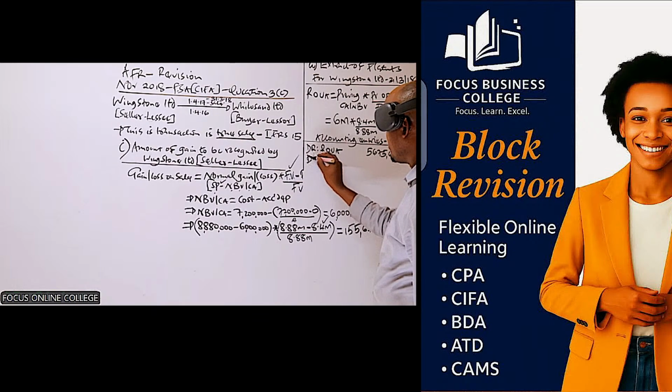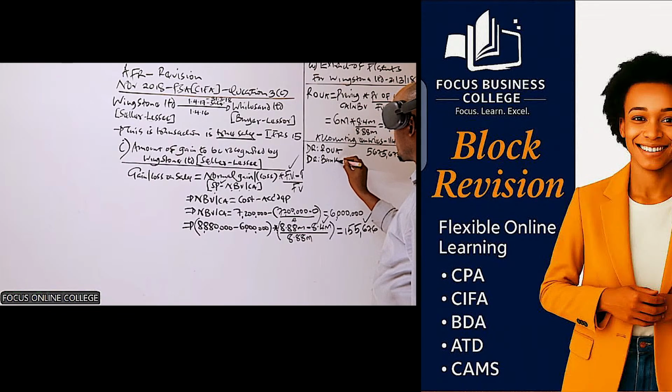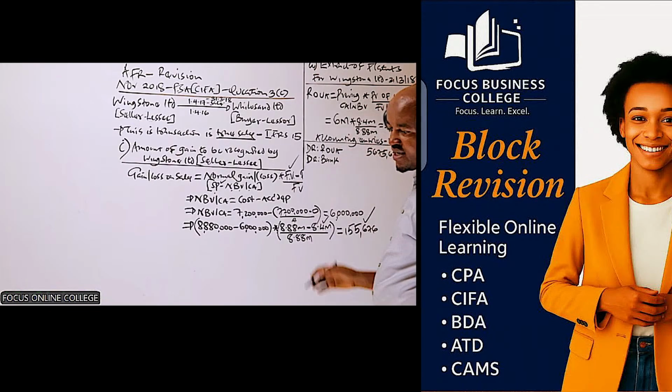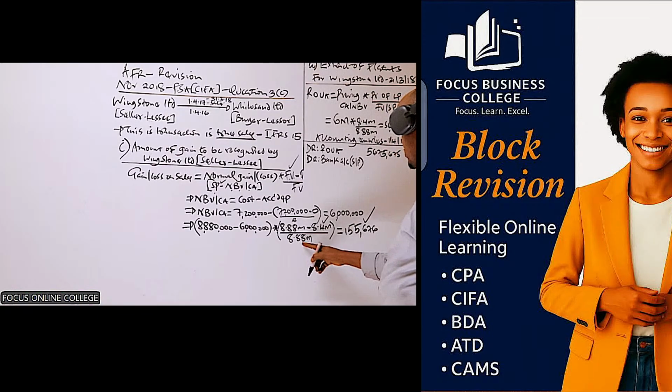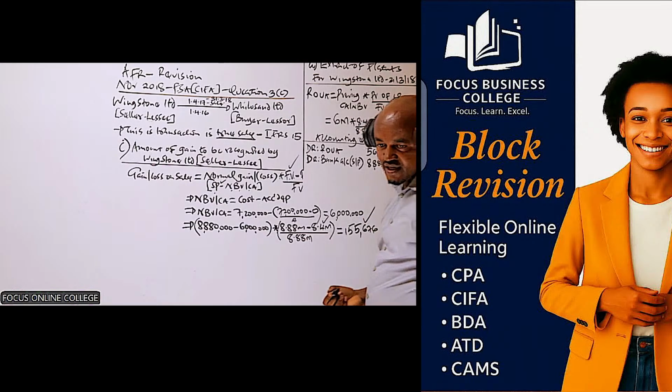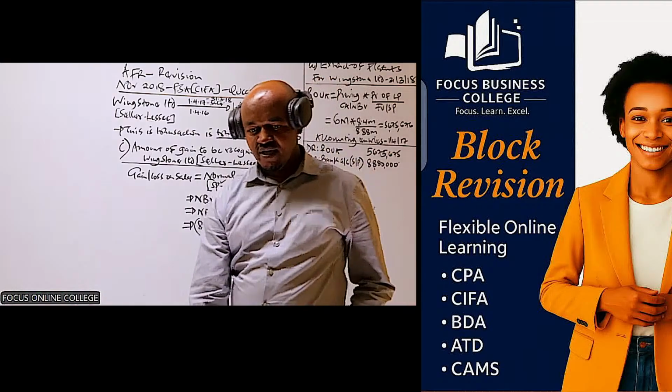Still, this company will debit the bank account because it sold the asset. So it will debit the bank account with the sales proceeds. How much amount was received from the sale of the asset? This amount here, 8,880,000. So that is basically the other account to be debited.